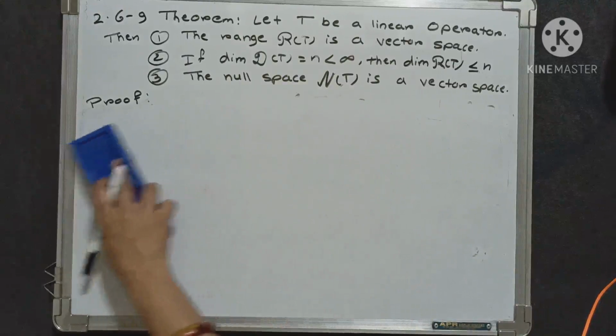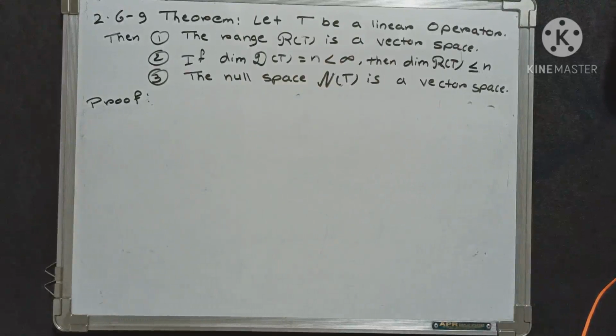And now lastly, in the last statement we have to show that the null space is a vector space. To show that the null space is a vector space, we have to show that it is closed with respect to addition and scalar multiplication, and that's why we start with any two elements of the null space.